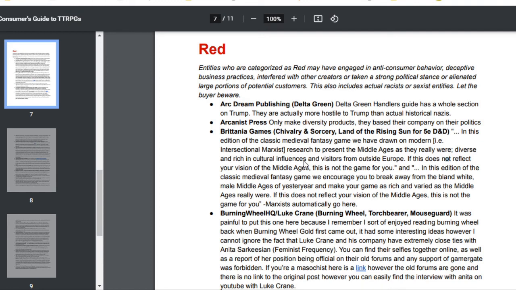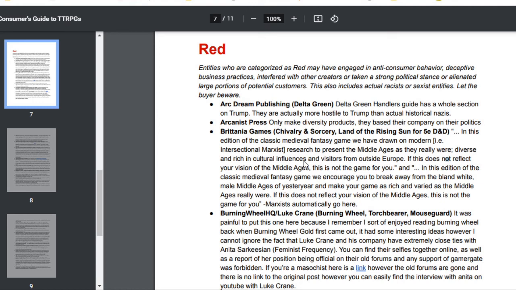At this point, I think a lot of them, especially the ones on this red list portion, probably genuinely believe or represent that type of view. Okay, that if you disagree with them, then you're a bad person and they don't want you playing their games.